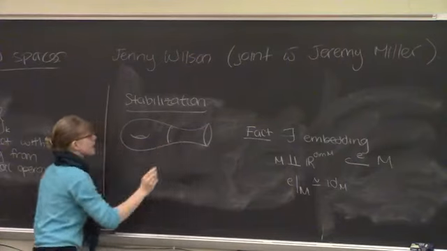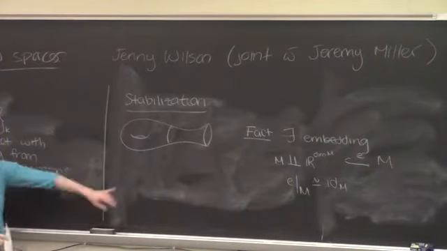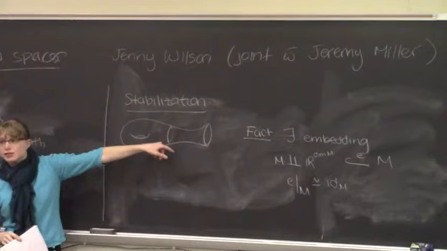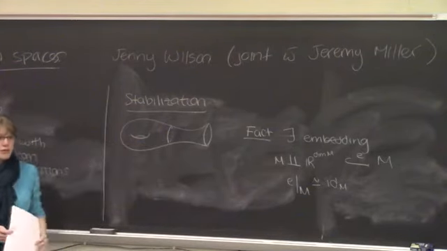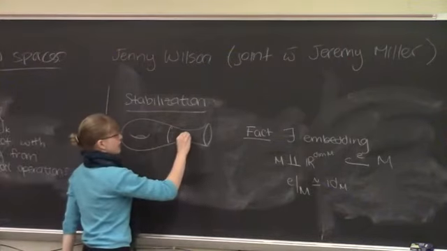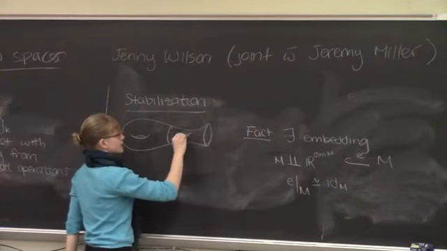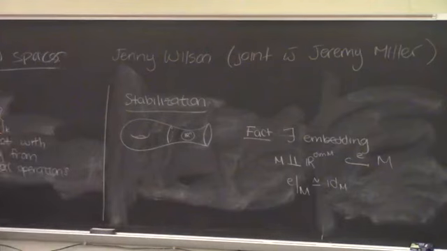The point is that because M is open, it is possible for me to find some self-embedding of M into itself in such a way that I can find a copy of Euclidean space in the complement of the image.